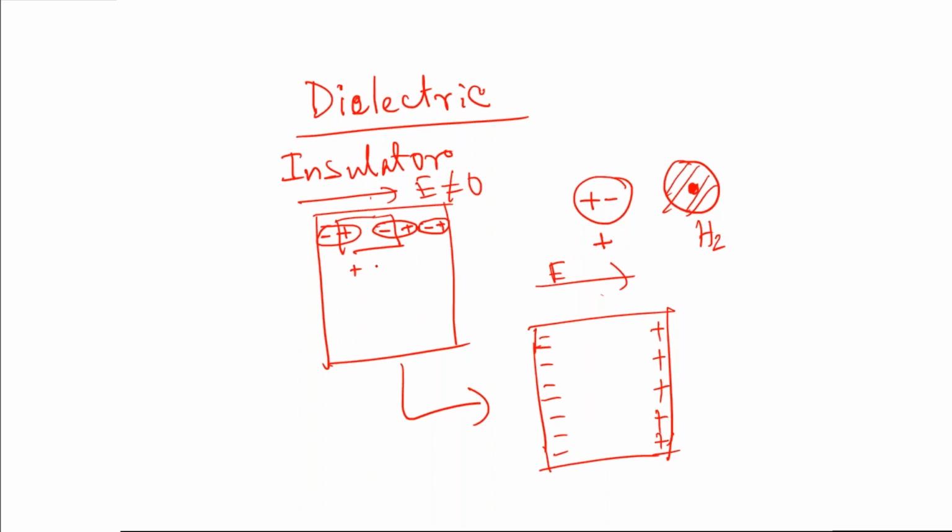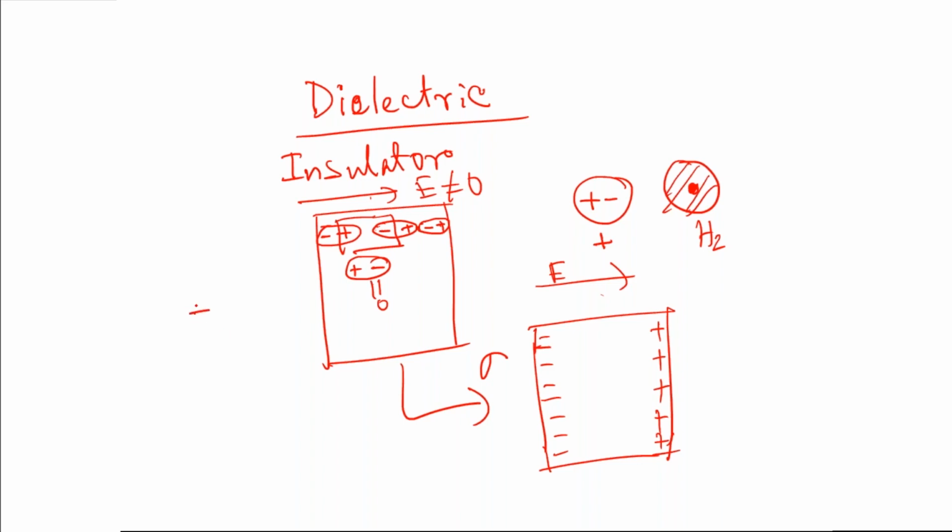And as I said, in between, positive from one atom and negative from the other will combine, and they will make zero excess charge. That's why in the middle there will be no charges. This will be neutral. There is no charge in this region. Now these are called surface charges. So we give the name sigma, surface charge density sigma.